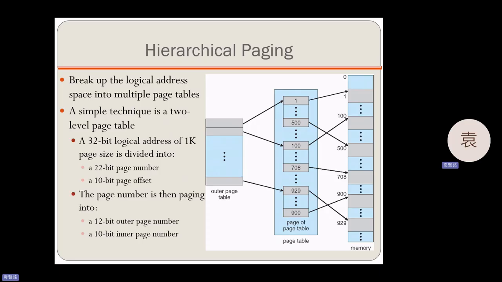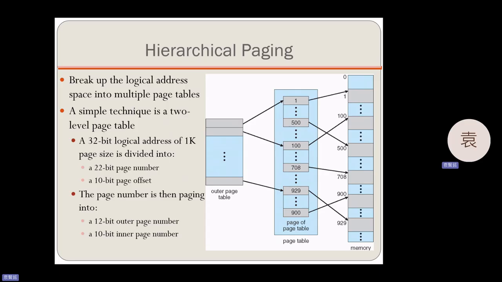When mapping pages, we go through the outer page table, find the inner page table number, and then go to the inner page table. So one memory access becomes three memory accesses, unless we can cache the recently used outer page table entries and the entries currently used for the inner page tables in the TLB.